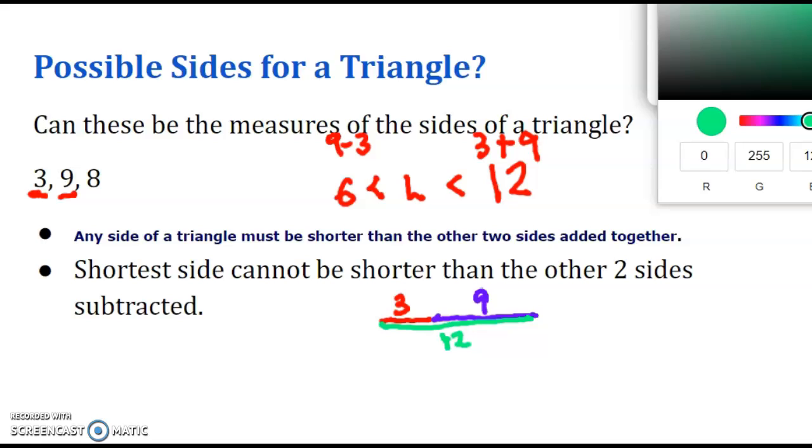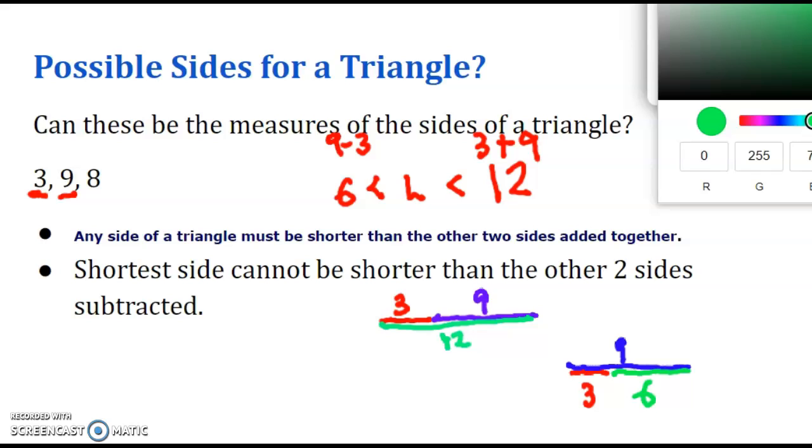If that one was 6, so if I have 3 units here, and then I have 9 units, then if it was 6, it would again be a flat line, two lines overlapping each other.